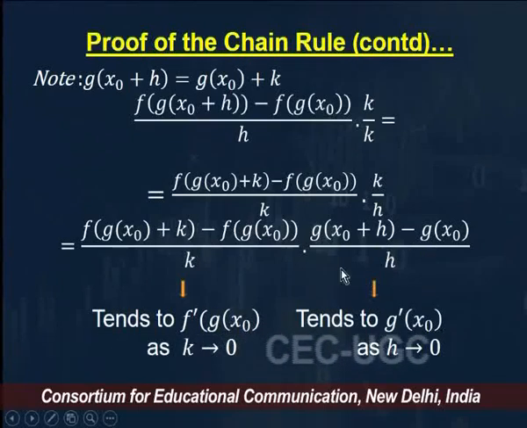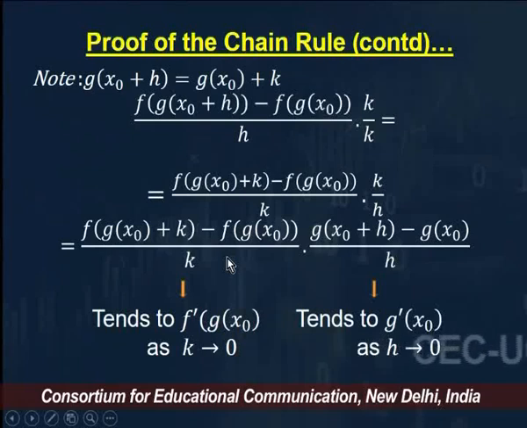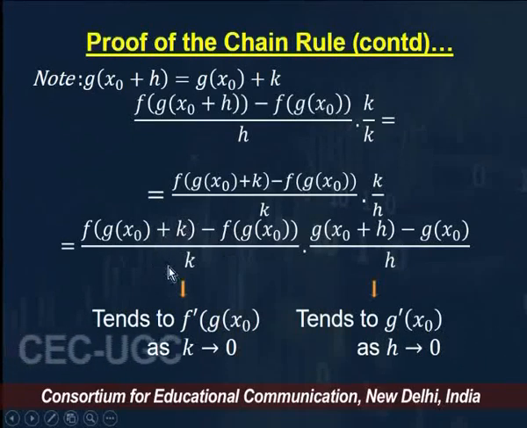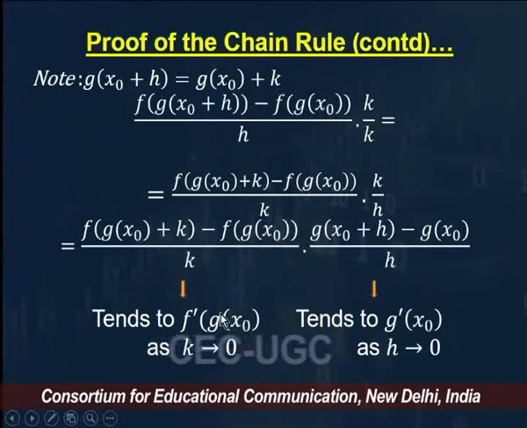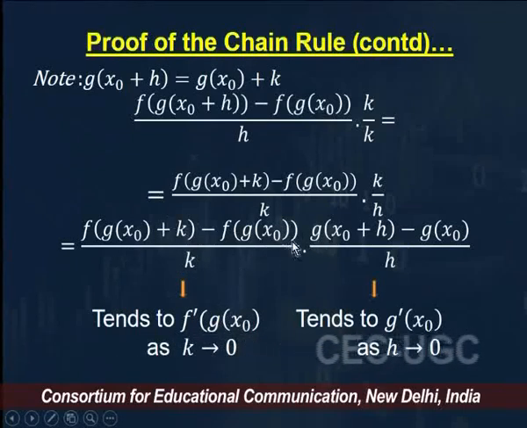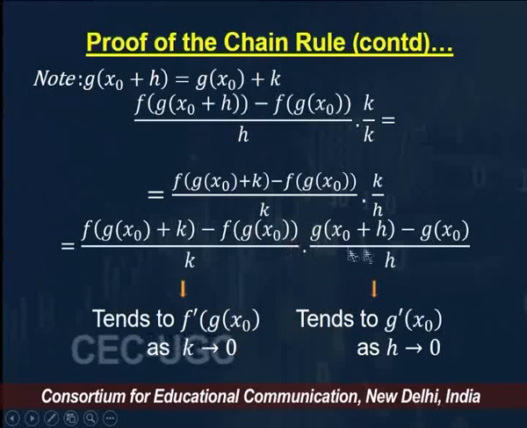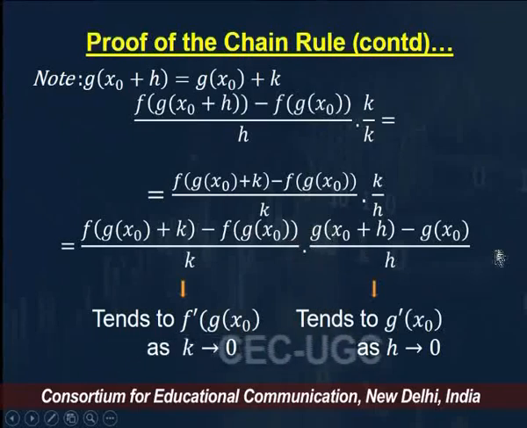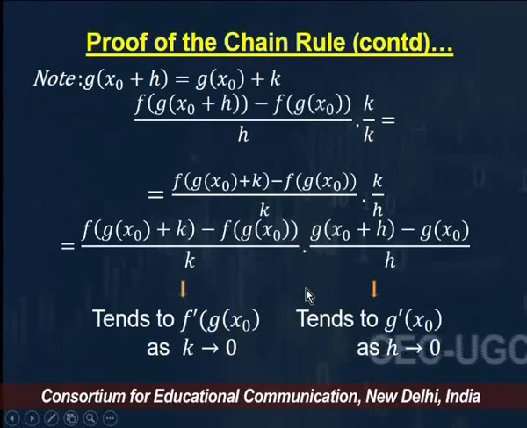Now notice that once I take the limits, the first expression would be nothing but small f prime of g of x naught as k tends to 0, which is exactly the first part of the result that I had asked you to take a picture of. And the second expression here is nothing but g prime of x naught as h tends to 0.